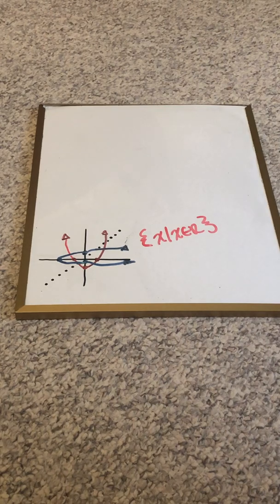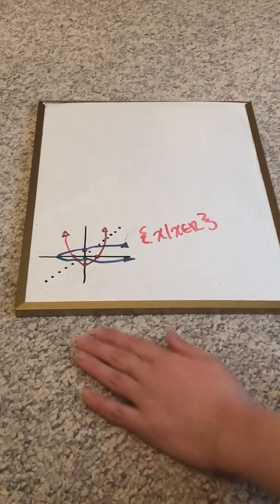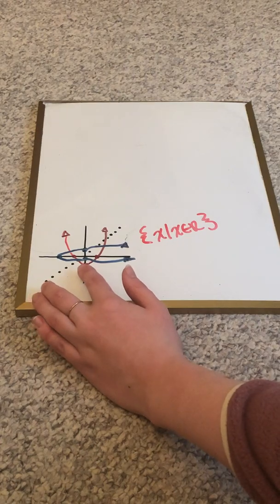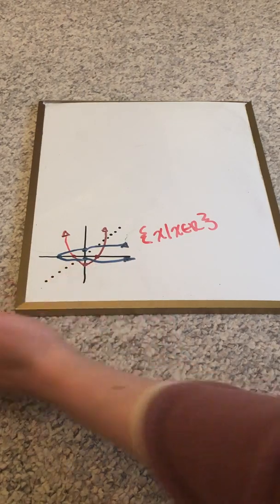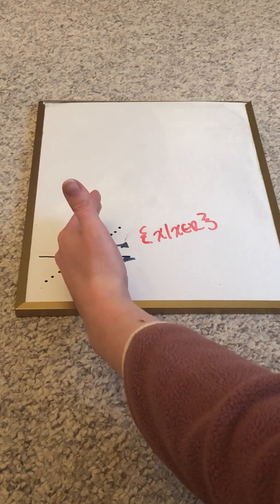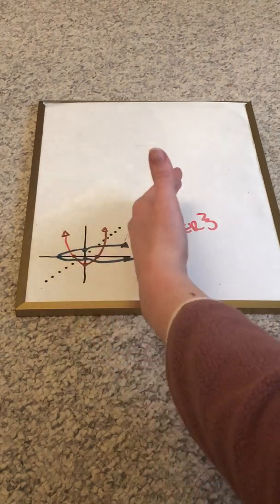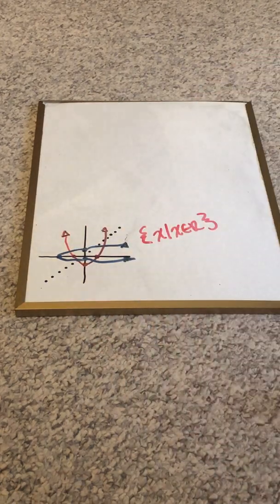Now, if we want to restrict this graph, we're going to basically cut it in half. So here's our vertex. So this is the middle. And we're either going to take out everything on the left side of the graph or everything on the right side of the graph.